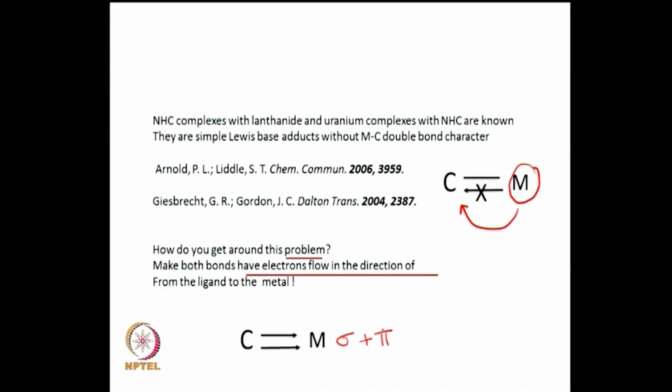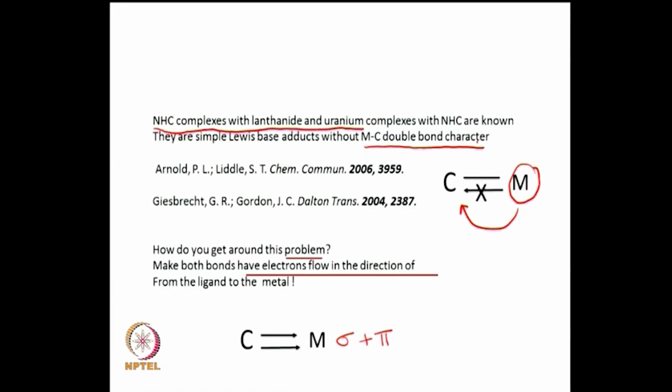In fact, before I go further, I should tell you that there are N-heterocyclic carbene complexes of lanthanide and uranium which have been made, but these are systems in which there is a metal carbon single bond. So, there is very little metal carbon double bond character in these complexes. They are best characterized as simple Lewis base adducts of the carbene system with a metal.